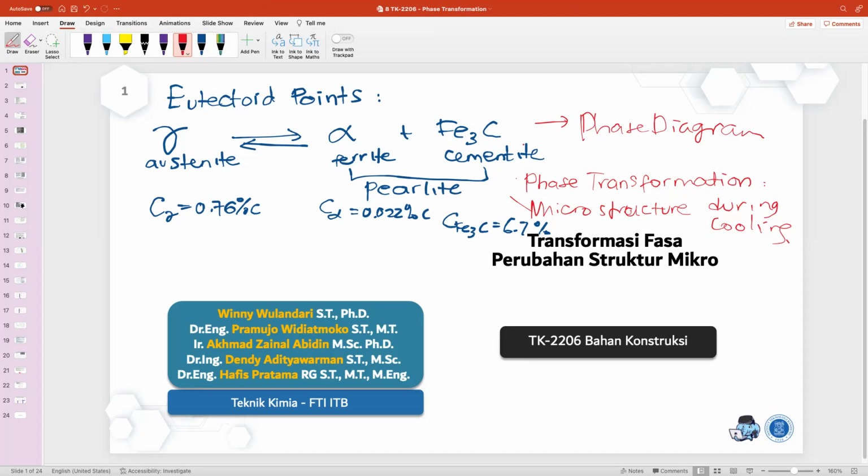And in reality, usually we need to be fast. We need a good high throughput of metals every day, every month, every year. So we can't just wait until it reaches equilibrium. That's why we're going to look at the kinetics of that, which is called phase transformation.